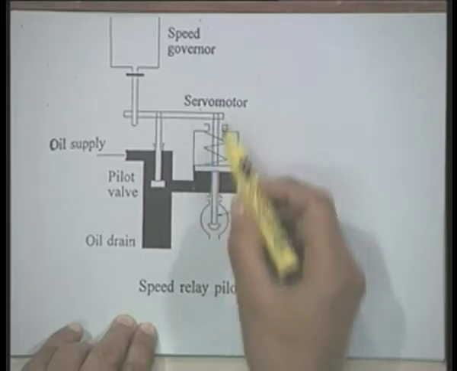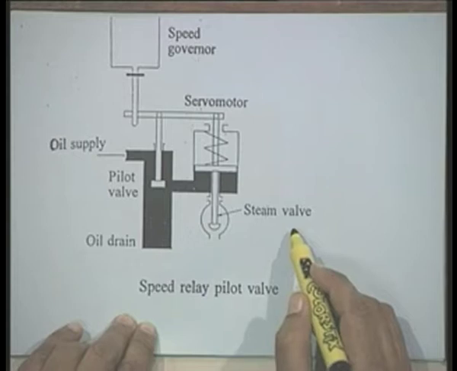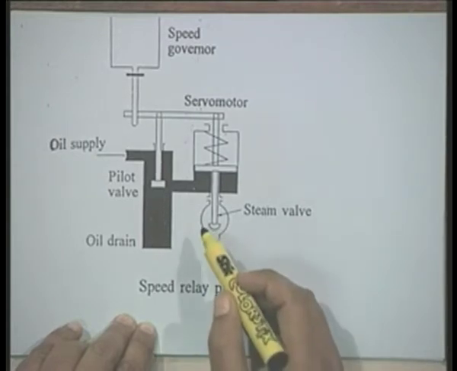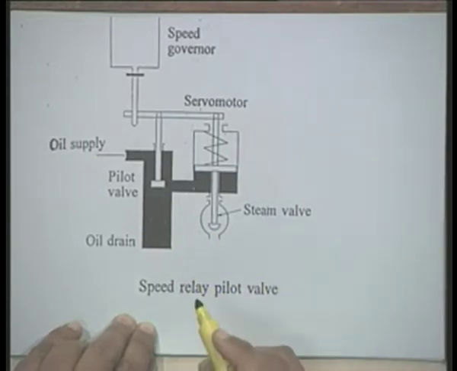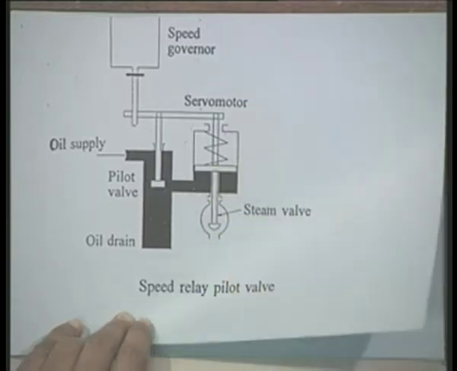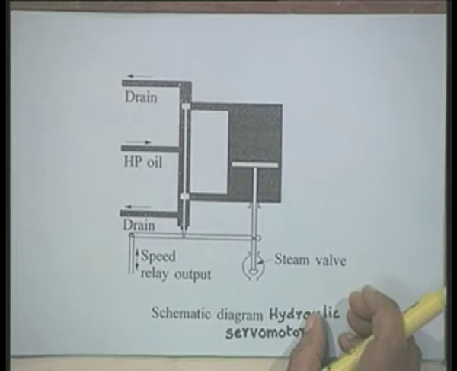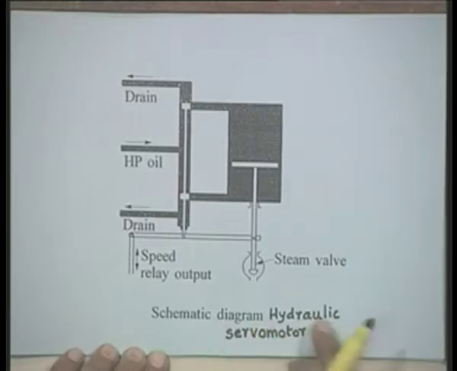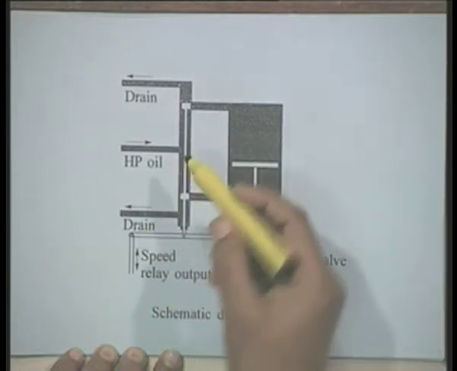Now, of course, in this diagram it is shown as if this servo motor is controlling the steam valve, but in case we need one more stage of amplification, then this rod or this piston is going to control the hydraulic servo motor. In this hydraulic servo motor again a similar arrangement is there.